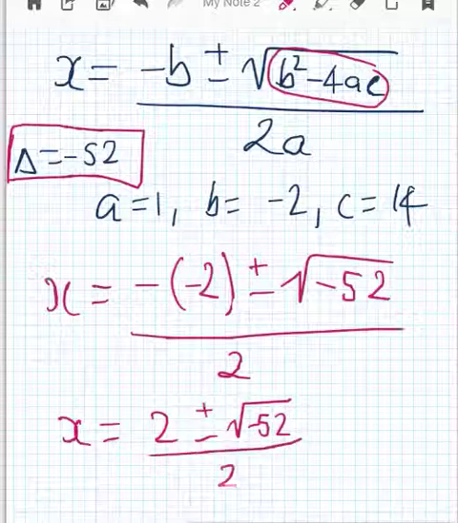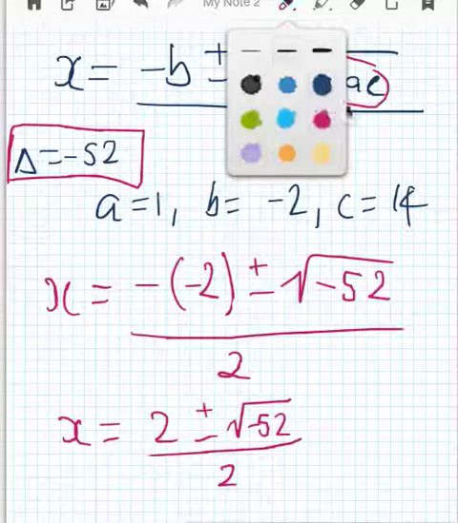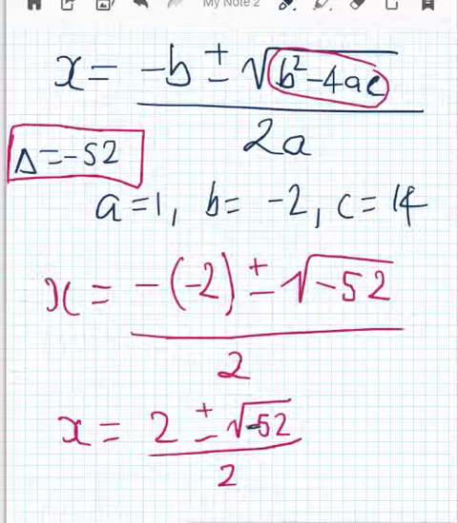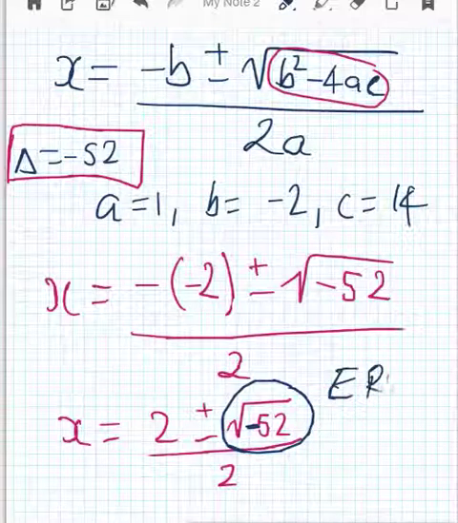We can see we have a surd, but now I want to point out something with this surd. It's a negative 52. The next thing I want you to do is put the square root of negative 52 into your calculator and see what happens. You'll notice that if you try and put it in your calculator, you get an error.